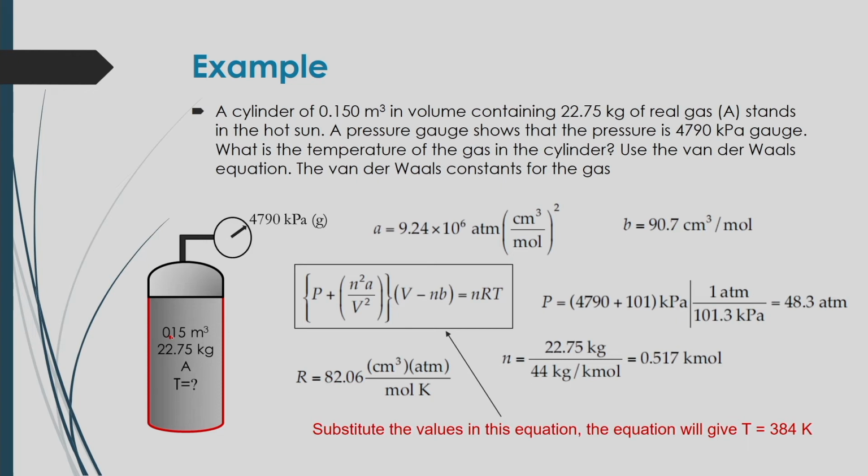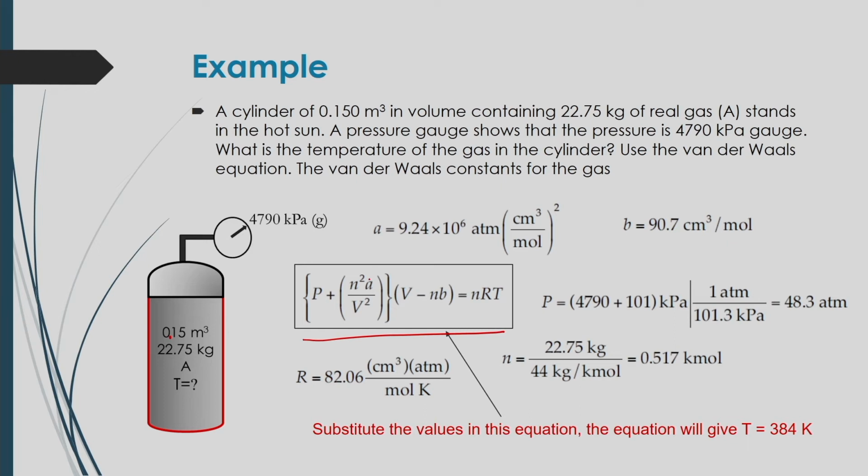In this case you can use the van der Waals equation, because this gas is a real gas, so you cannot use the ideal gas equation to find the temperature here. This is your van der Waals equation.